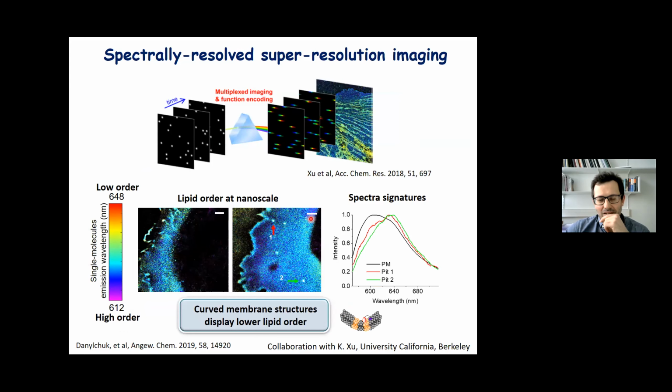What we later did, in collaboration with KXU, is to do a spectral PAINT, where the light goes through a prism, and so for each individual molecule you can reconstruct a fluorescence spectrum, and like this analyze the color response to the lipid order. And what we found out is that the membrane surface does not have a homogeneous distribution of color.